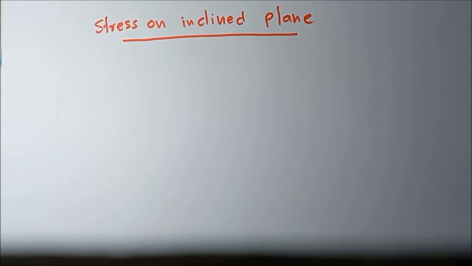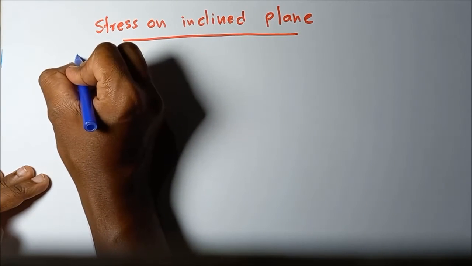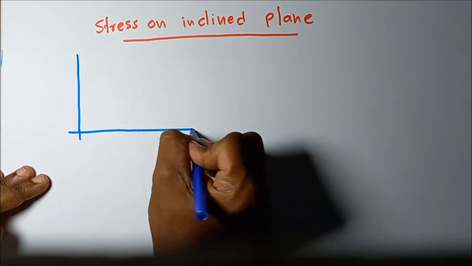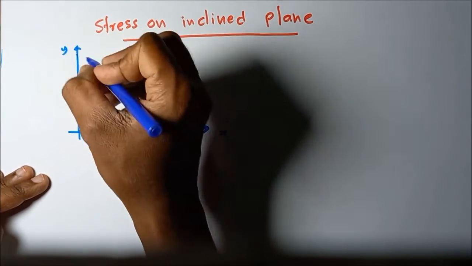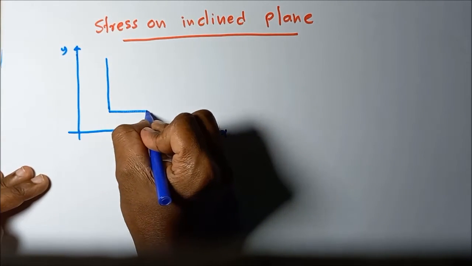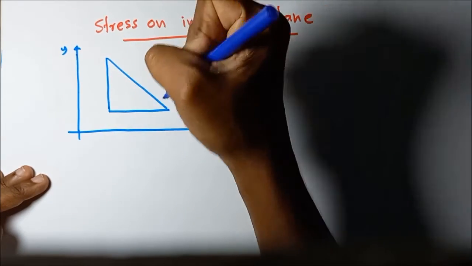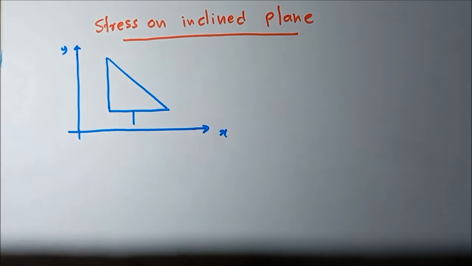Next we are going to discuss how to find the stress on an inclined plane. Let me draw the coordinate system, X and Y. Let's take the triangular shape stress element. Sorry, let me take another color.